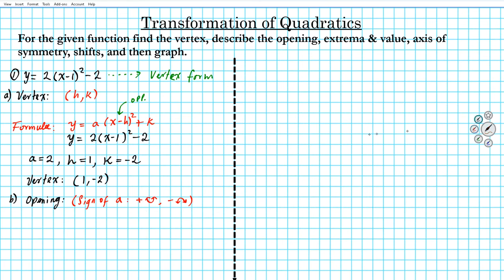Let's take a look at this particular situation. a is 2, which is a positive value. So that tells us that the parabola is going to open up. Let's write that down. This parabola opens up, like this, since a is equal to 2, which is positive.